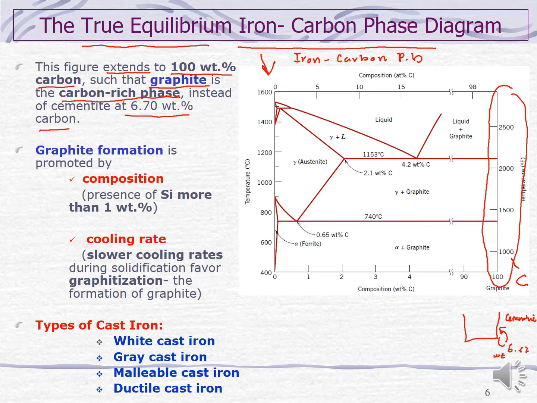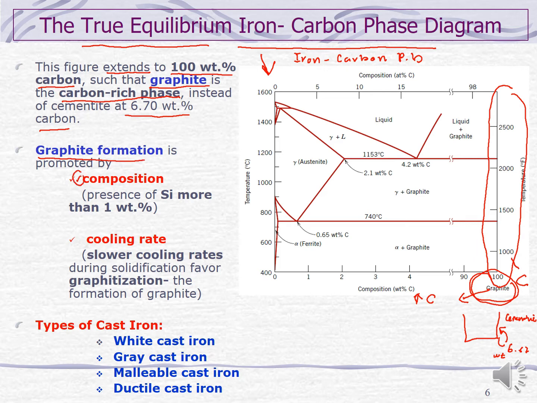So for this true equilibrium iron-carbon phase diagram, graphite is the carbon-rich phase, meaning that graphite is the phase having a high percent of carbon.